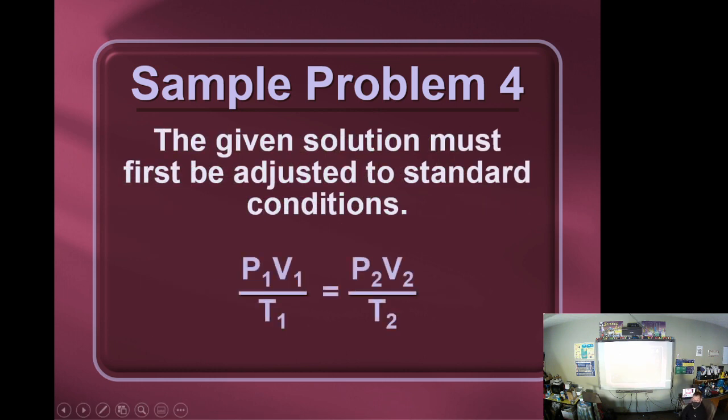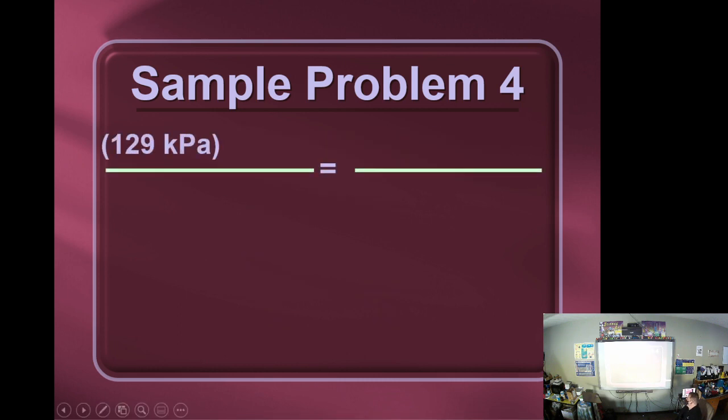So the first thing we've got to do is go from non-standard volume to standard volume, and then we can go from standard volume to moles. Non-standard volume to standard volume is going to be the combined gas law. So, 129 kPa, our initial 1 liter of gas, and 190 K. These are our non-standard conditions that were given to us.